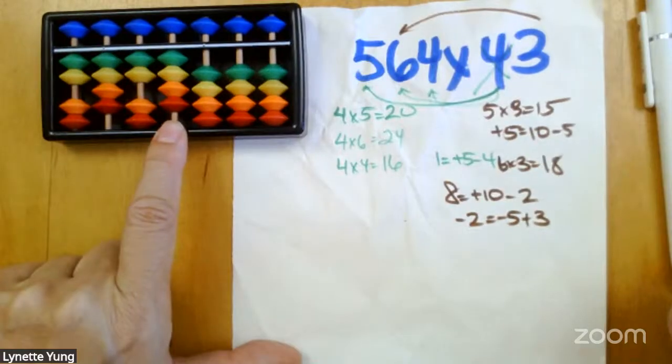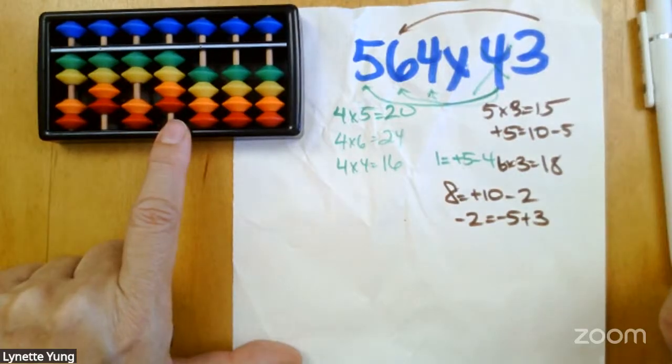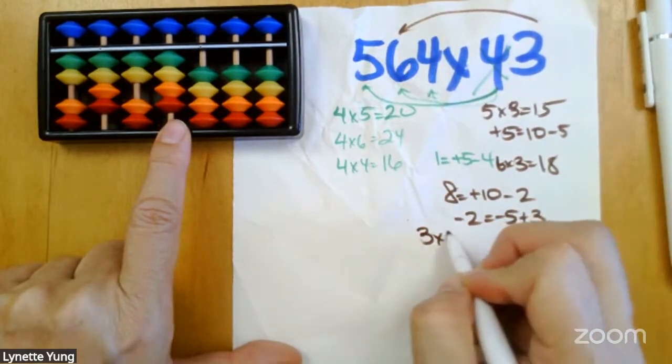I know. So now you got 3 times 4, which is 12.